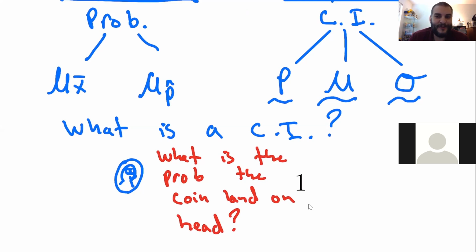The first thing you want to do is get a sample, because if I don't know what proportion of the time the coin should land on heads, the sample should tell us approximately what it should be.